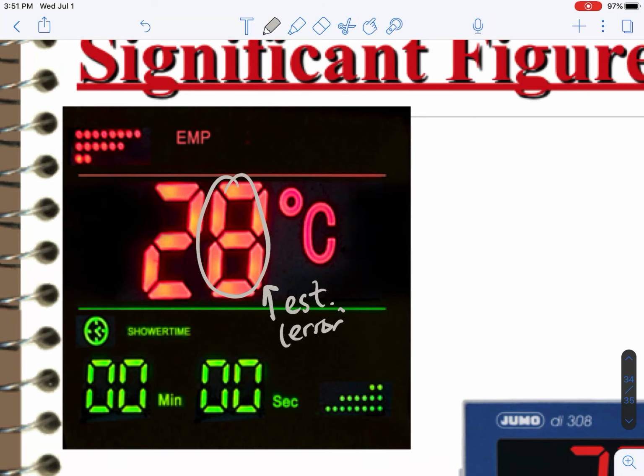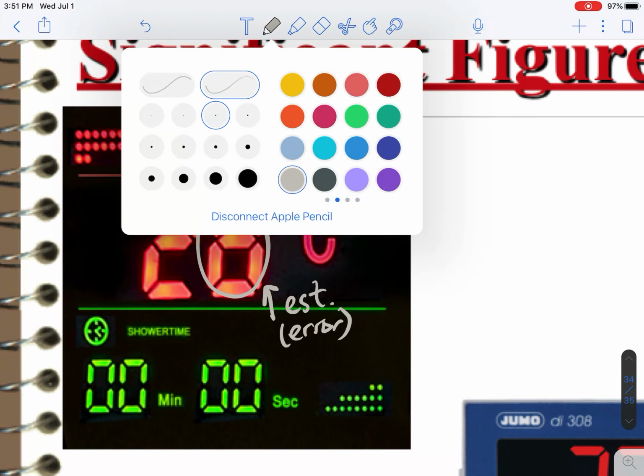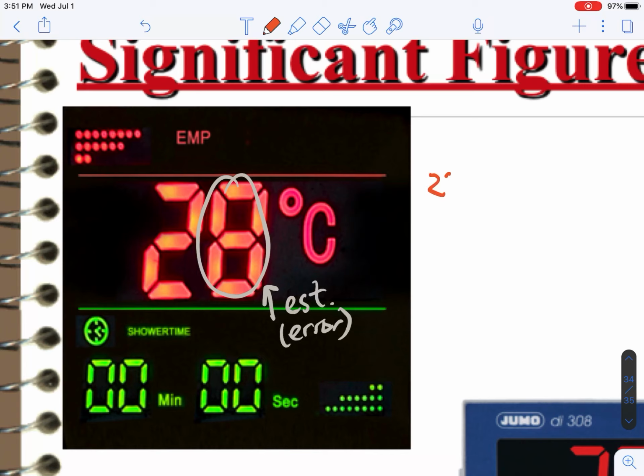This is where my error is. So if I was writing this with error, I would say, all right, this is 28 degrees C plus or minus 1 degree C. Right? We have error in the ones column. A digital device, the error is in the last digit. The digital device always estimates the error for you.